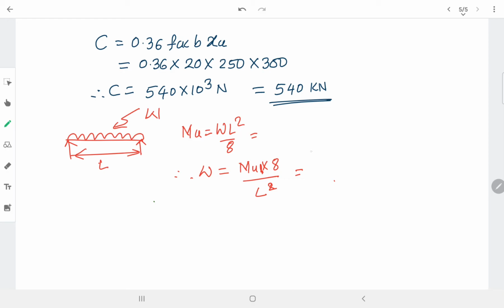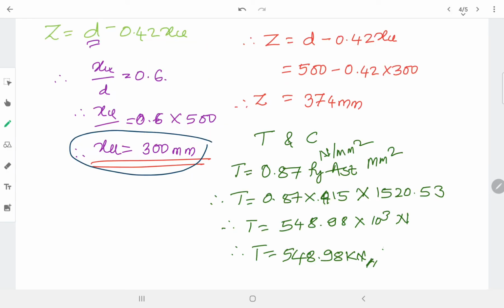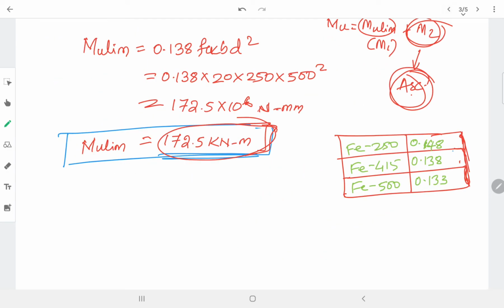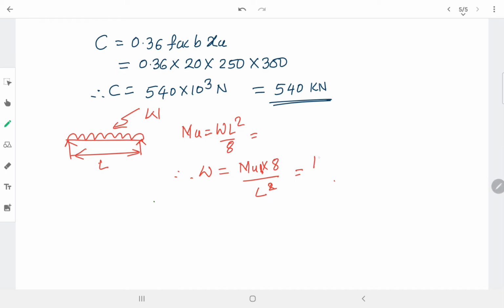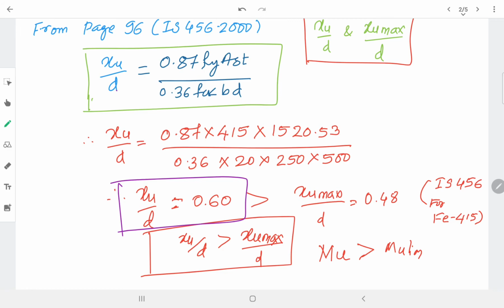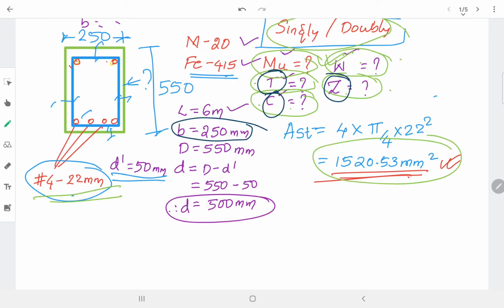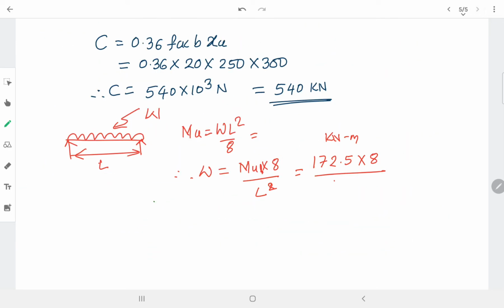And here Mu limit or Mu value is how much? It is 172.5 kilonewton meter. 172.5 into 8, this is in kilonewton meter, so I will write it in meter square itself. Span of the beam he has given, that is 6 meter. I'll be writing it in meter itself, 6 square.